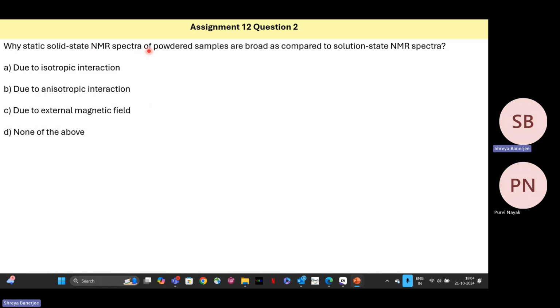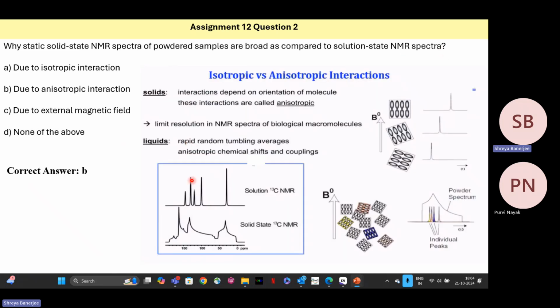Why is the solid state NMR spectra of powdered samples broad compared to the solution state NMR spectra? If you look at the solids, here the two spectra are shown. The solution spectra has very sharp lines, but the solid state has a very broad spectra. This is mainly because of anisotropic interactions.